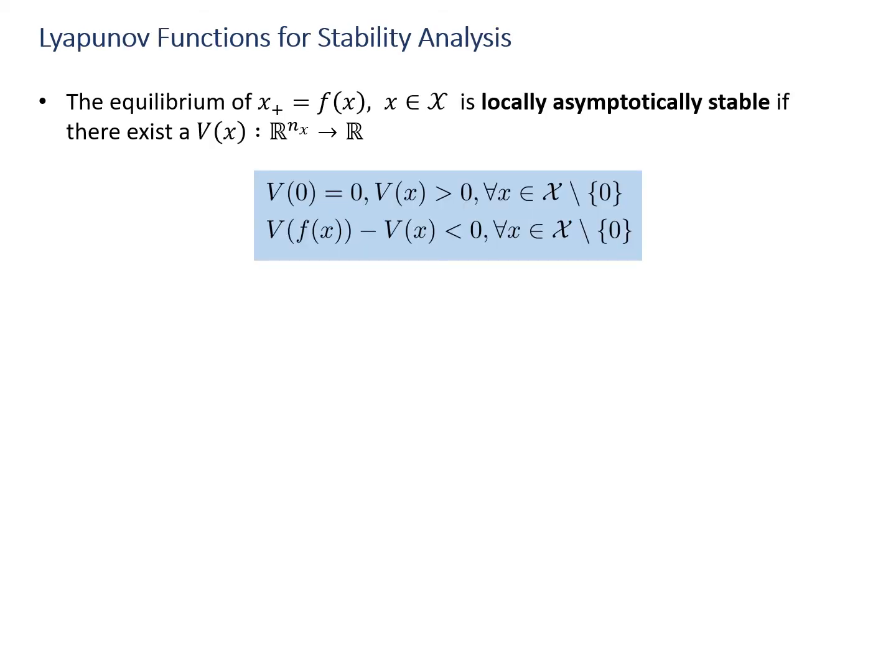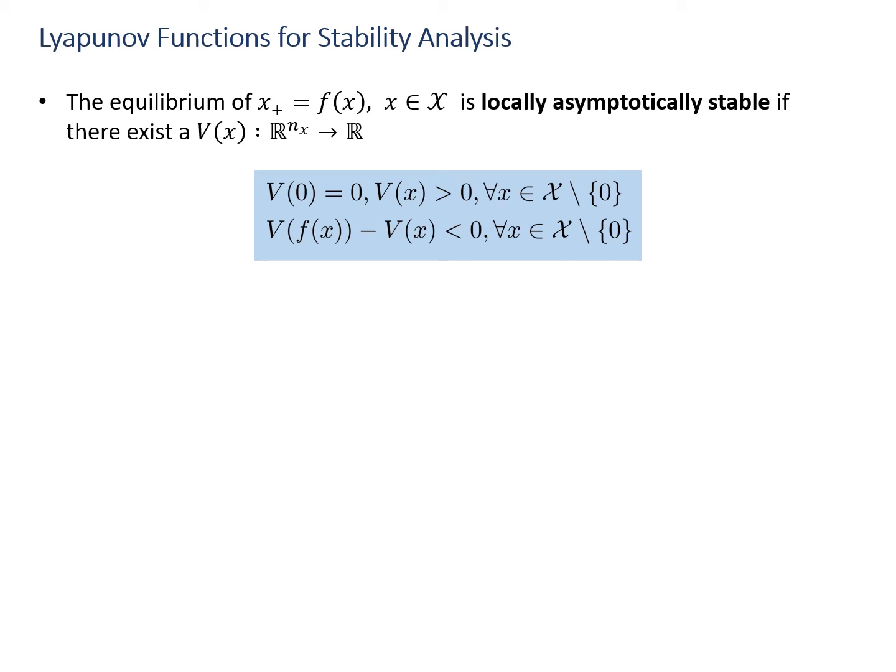A widely used framework for stability analysis of dynamical systems is the method of Lyapunov. Specifically, consider the dynamical system x plus equals f of x and a given region of interest, which is denoted by the calligraphic X here.